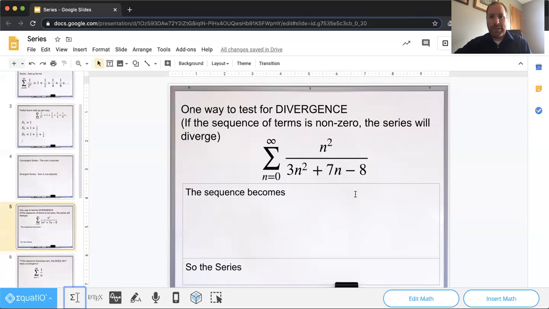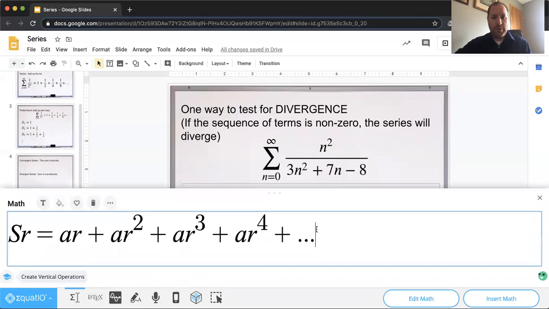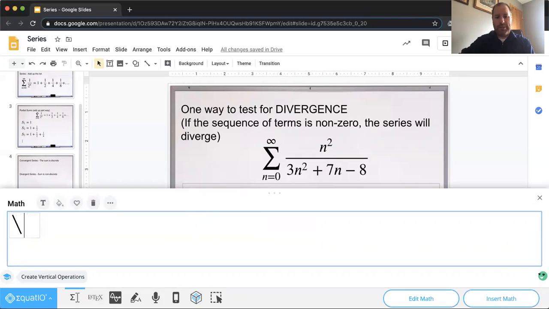And to test for divergence on this one, what we would do is take a look at the limit as n goes to infinity of this big thing here. I probably should have just grabbed the whole thing, but it won't take too long.